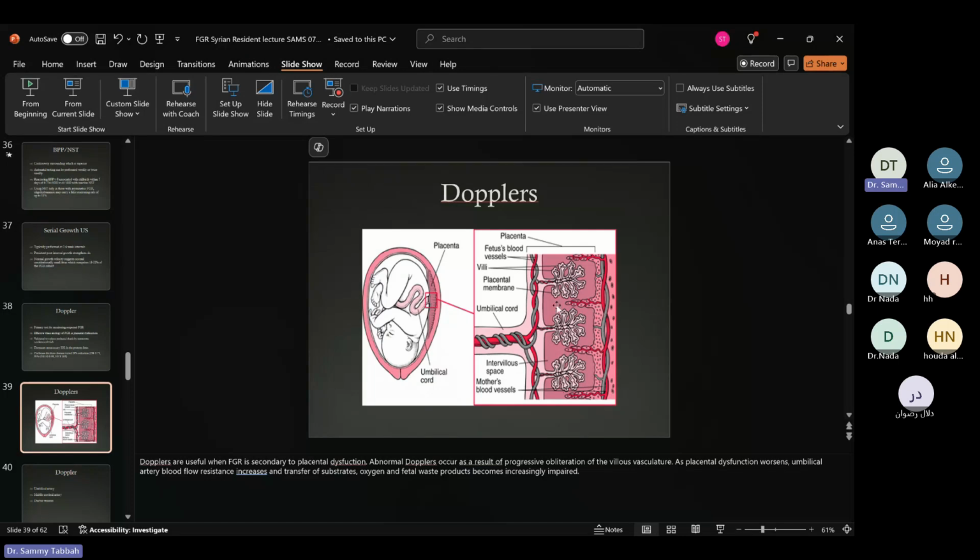But as you have progressively worsening placental insufficiency, these units become obliterated. So they become diseased, and blood flow between mom and baby becomes impaired. In turn, you have increased resistance to blood flow, and you can see that increased resistance in the umbilical artery Doppler studies.